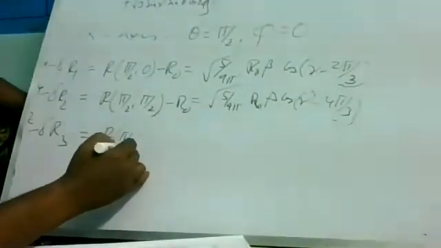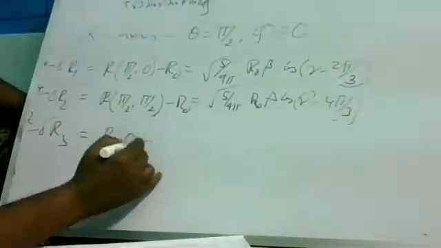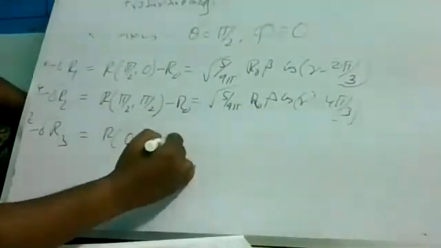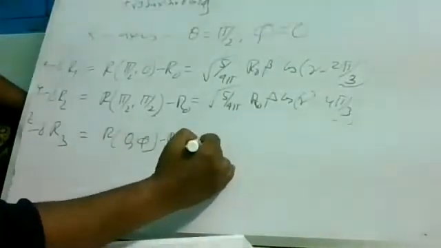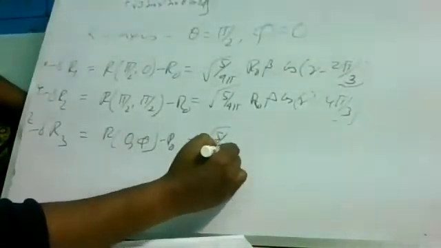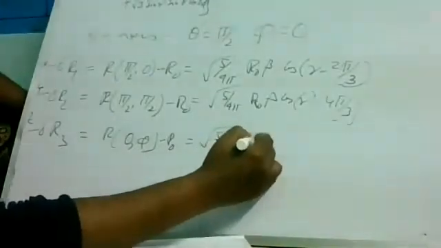And delta R3, along the z-axis, would be R(0, any value of phi) minus R0, which is root over 5 by 4 pi R0 beta cos gamma.